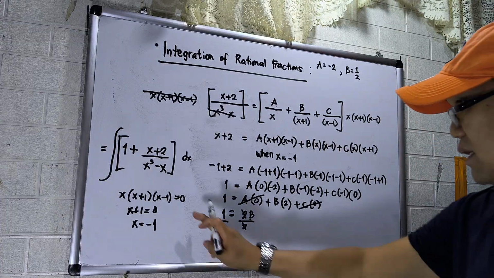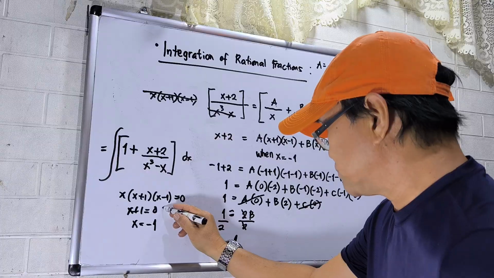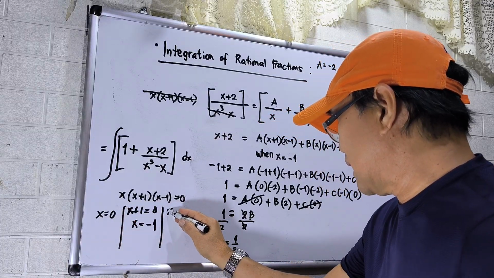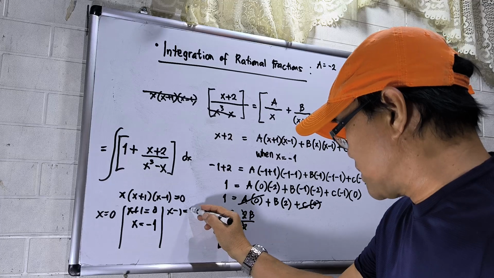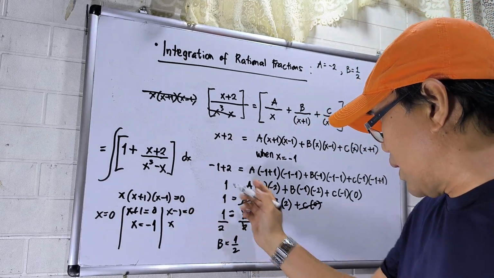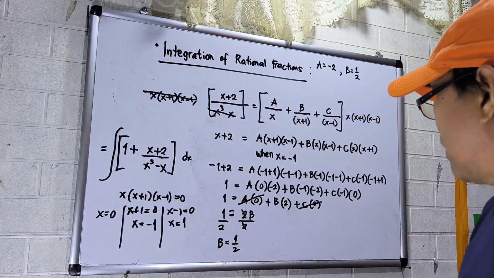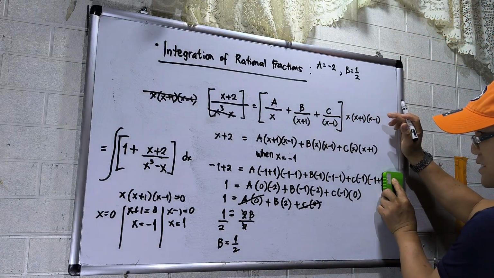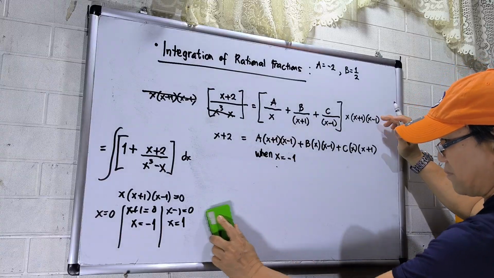Next will be this one. The last will be x minus 1 equals 0. So transpose negative 1 to the right. That will be positive 1. So I will erase for the next, for letter C. Okay?